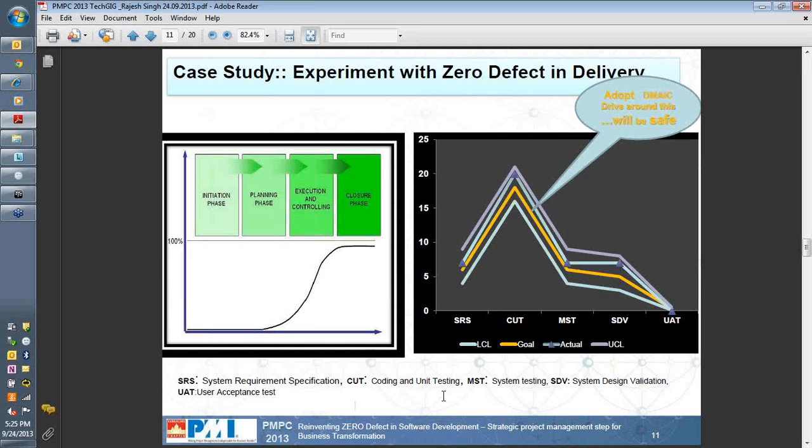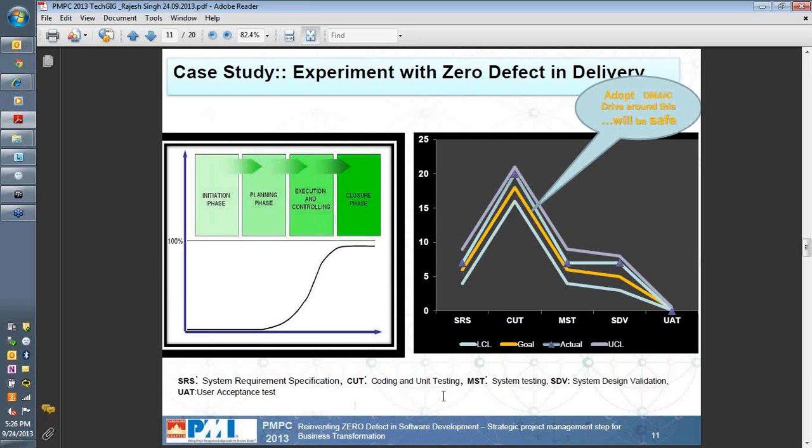This graph is non-linear because, as per the organization's baseline data, these are the areas we are trying to focus on. If I have to achieve zero defects in UAT, at the rightmost side of the graph, then there are phases at which I must be able to control the quality of my deliveries.